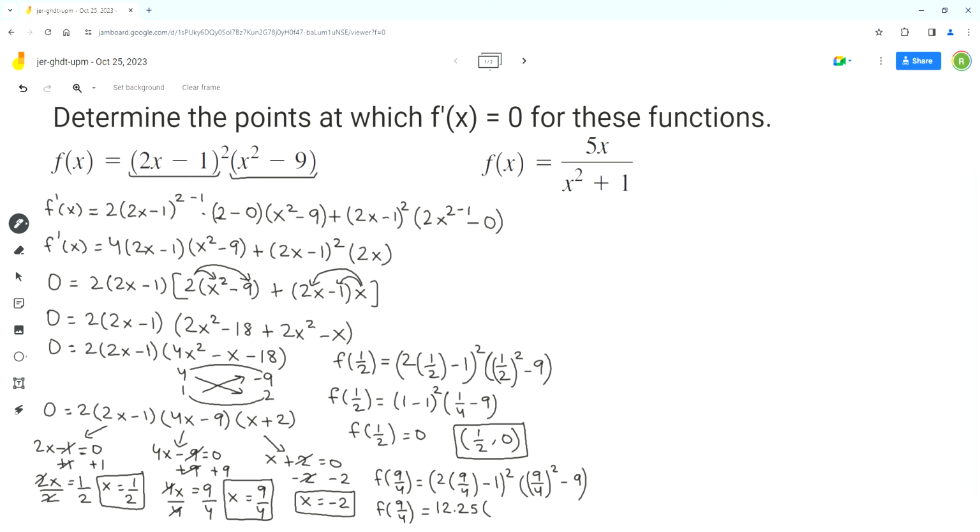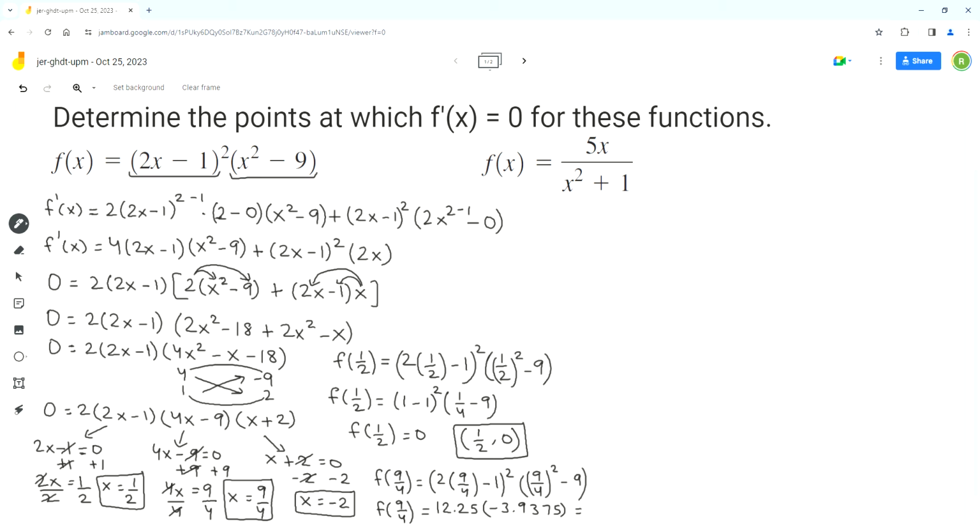So we'll do 81 over 16 and then minus 9. And that is equal to negative 3.9375.